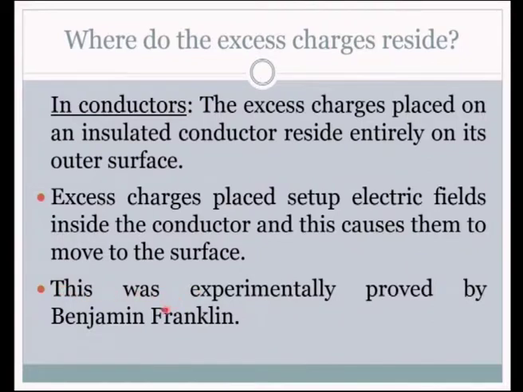That is the nature of a conductor. This was experimentally proved by Benjamin Franklin and other scientists, as I said, Michael Faraday. They proved the excess charge resides only on the surface of a conductor. This is very important.